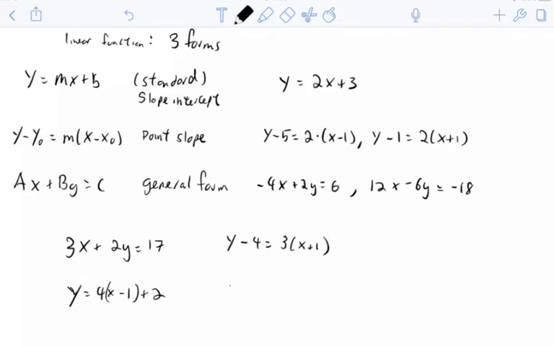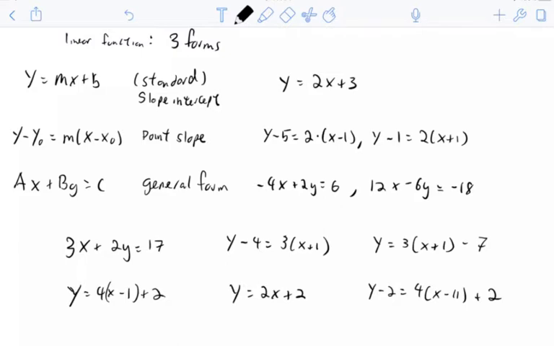Or y is equal to 2x plus 2. Or y is equal to 3(x plus 1) minus 7, or y minus 2 is equal to 4(x minus 11) plus 2. Okay, so I've written a bunch of equations down here.